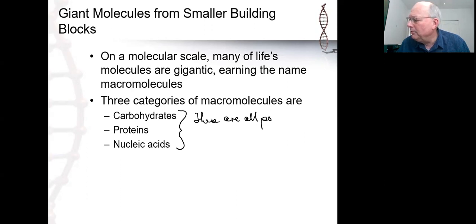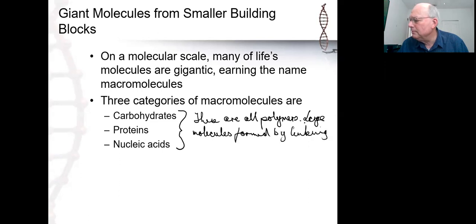And we will address what a polymer is in upcoming slides, but I'm going to put this in here right now. These are all polymers, large molecules formed by linking together many small molecules.